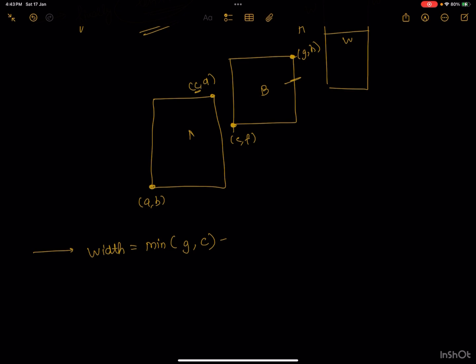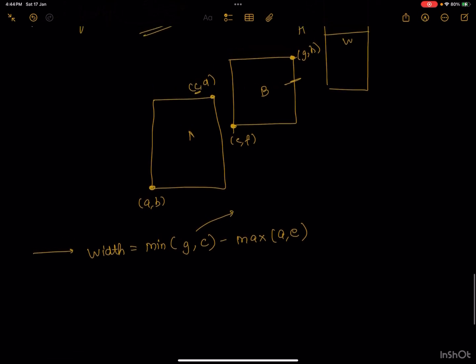So we take the maximum of a comma e. In this scenario, in the visualization, we can see that the minimum is going to give us g, but here the maximum is going to give us e.